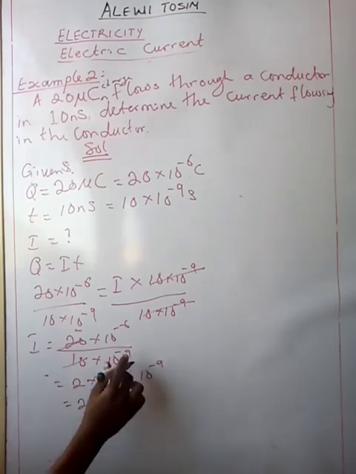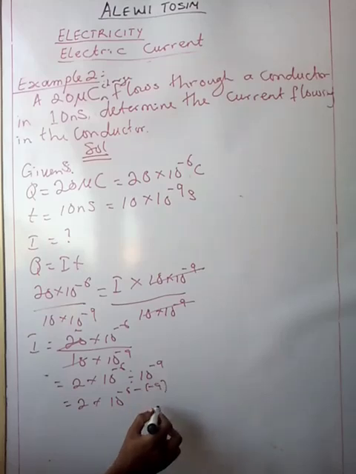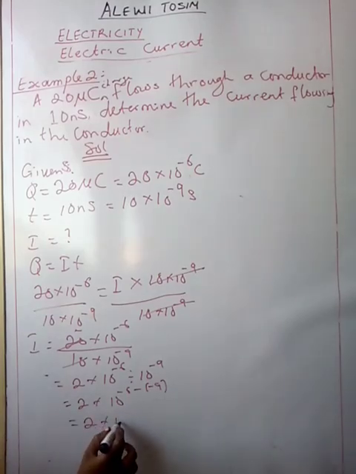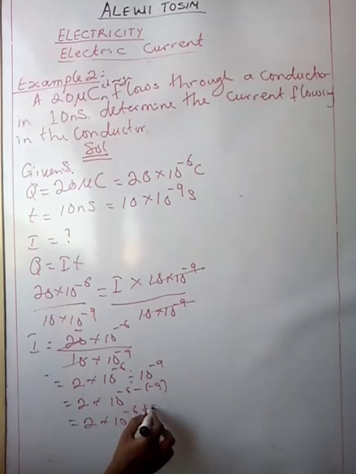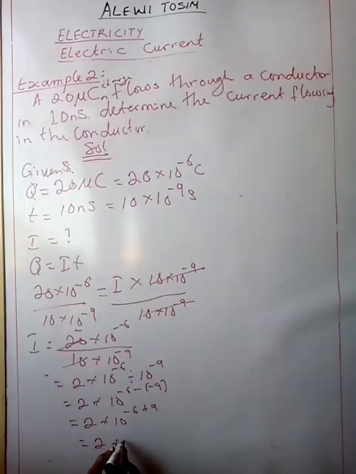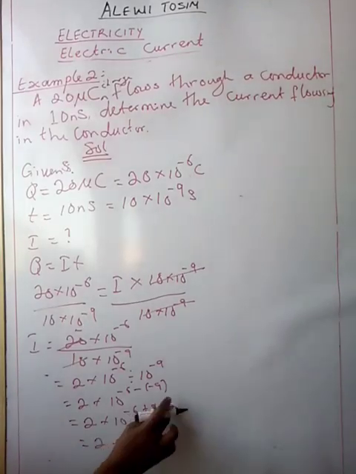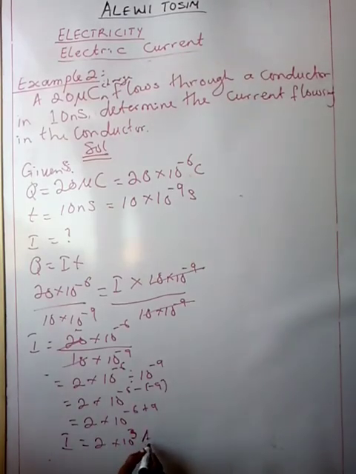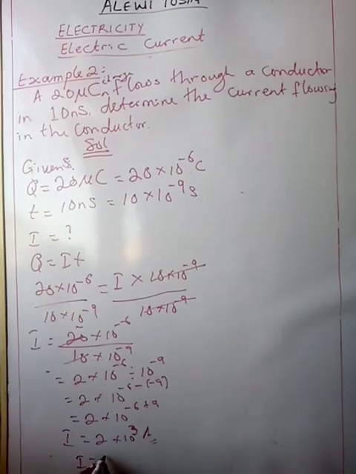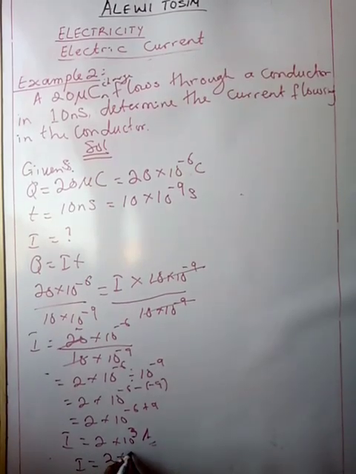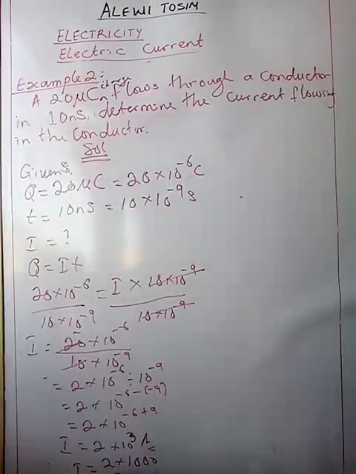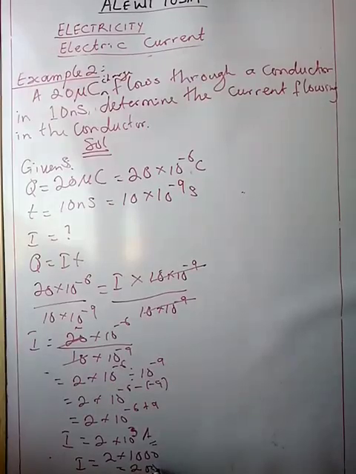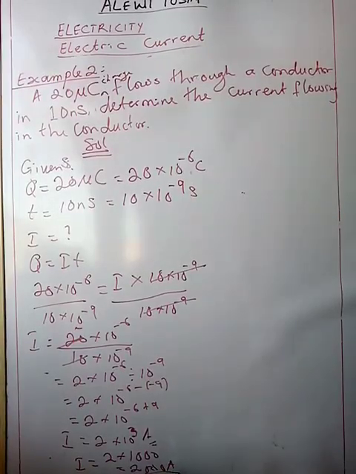Division turns to minus here, so we have 2 times 10 raised to the power minus 6 plus 9, which gives us 3. Our current equals 2 times 10 to the power 3 amperes, which can further be written as 2 times 1000, which is 2000 amperes.